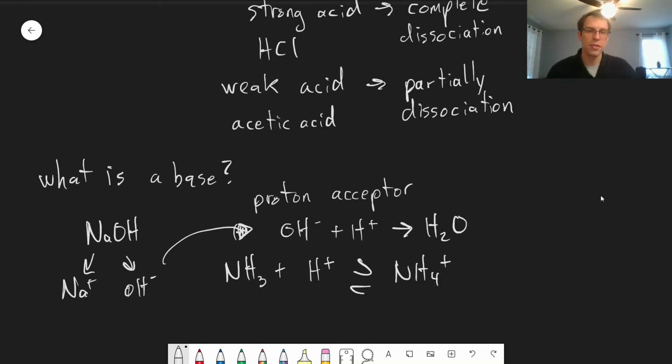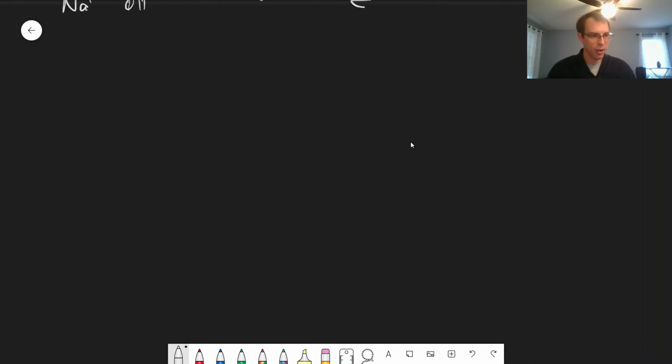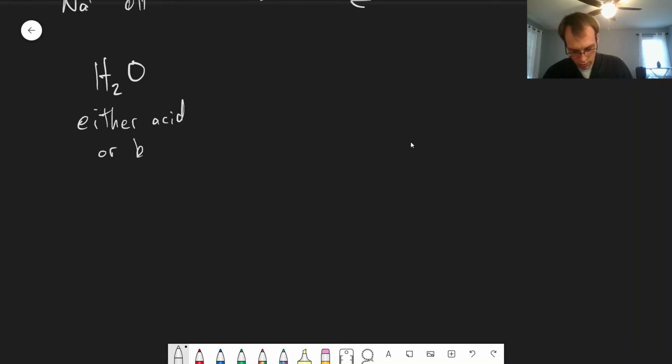Now, one of the most important acid-base reactions, and one that we'll keep track of as we're thinking about acid-base chemistry, is water. Water itself can act as either an acid or a base. So it can donate protons or it can accept protons.